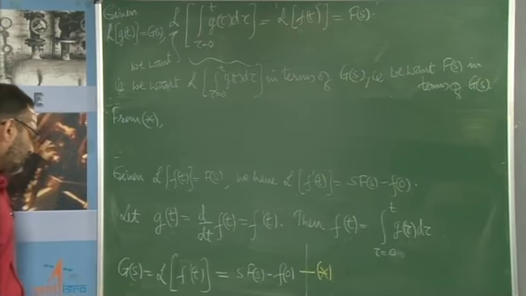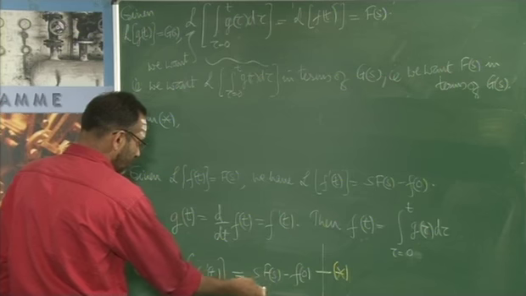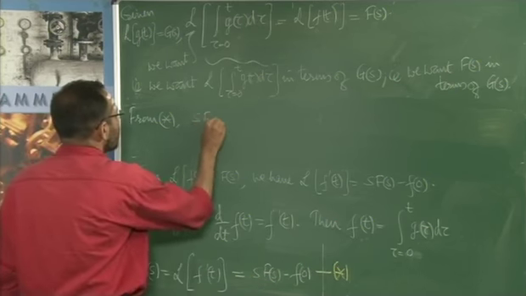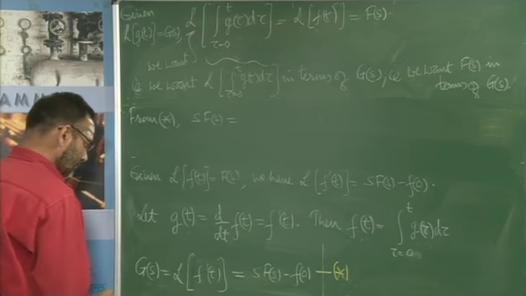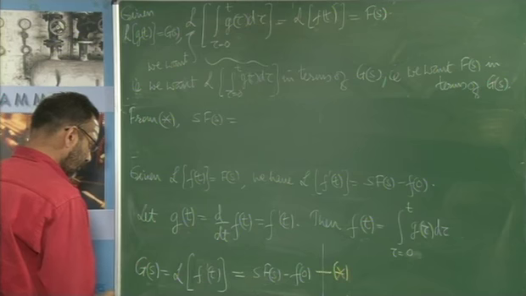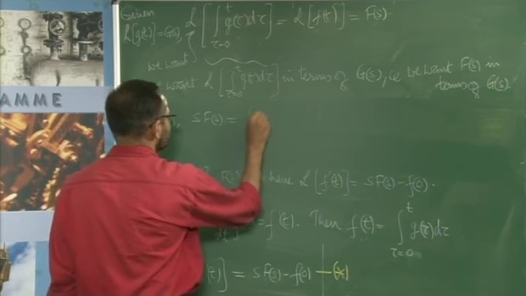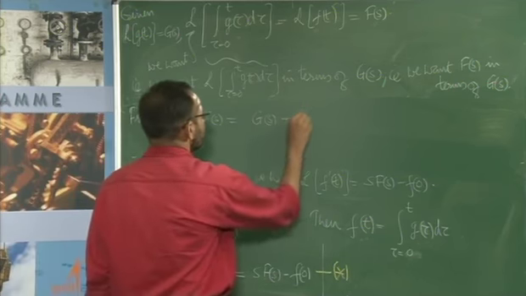So, let me simplify this. From star, I will take this to the left hand side, I will take the others to the right hand side. From star, s times F of s equal to, if I bring this to this side, I get G of s plus f0.